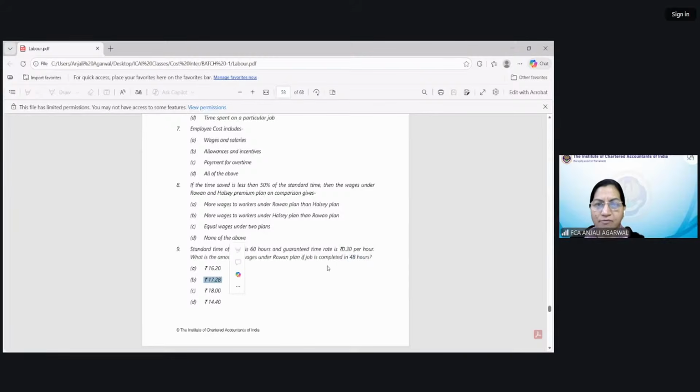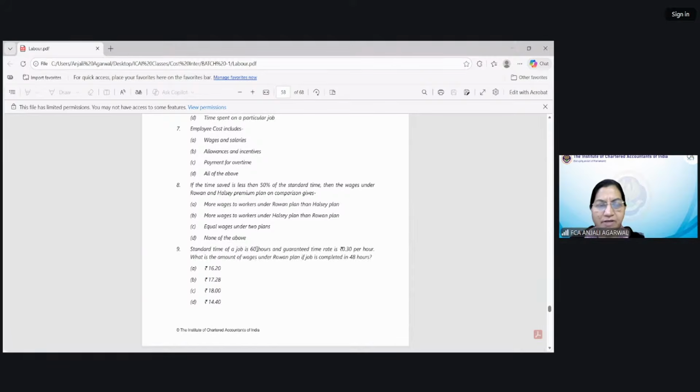This was the answer. 48 into 0.3 plus 12 by 60 of the actual wages. 48 into 0.3 is 14.4, and 12 by 60 or 1/5 of 14.4 is 2.88. So 14.4 plus 2.88 is 17.28. These are the wages under the Rowan plan.